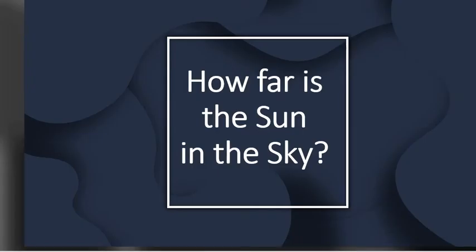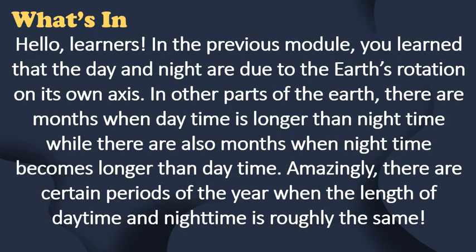And for today, we're going to talk about this lesson. How far is the Sun in the sky? What's in? Hello learners, in the previous module, you learned that the day and night are due to the Earth's rotation on its axis. In other parts of the Earth, there are months when daytime is longer than nighttime, while there are also months when nighttime becomes longer than daytime.